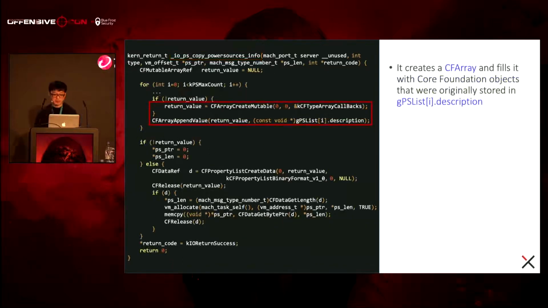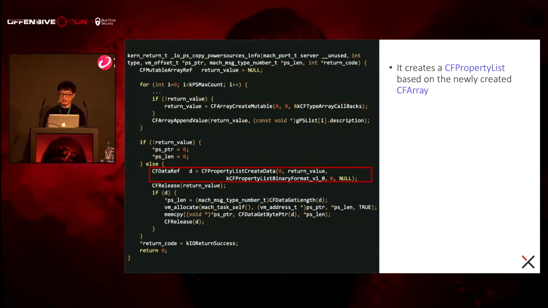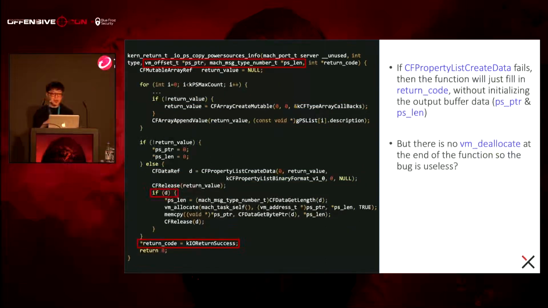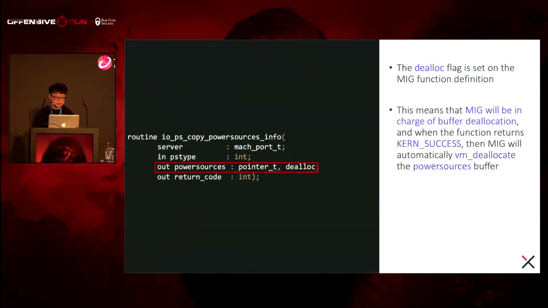It first creates a new Core Foundation array and iterates over the gPSList array, copying over the description field into the array. Then it creates a Core Foundation property list based on the new array contents. If the CFPropertyListCreateData function somehow fails, then it's not going to initialize the output buffers ps and ptr, and simply returns KERN_SUCCESS.